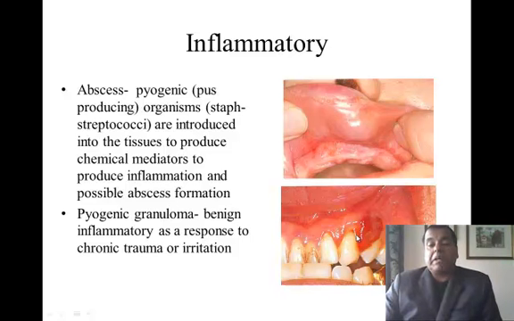It's basically an inflamed fibrous epulis, and in this situation there's quite a lot of inflammation, and there will be a lot of vasculature in that lesion. Therefore you need to improve the inflammation before you look at the possibility of excision. Otherwise there will be a lot of bleeding.